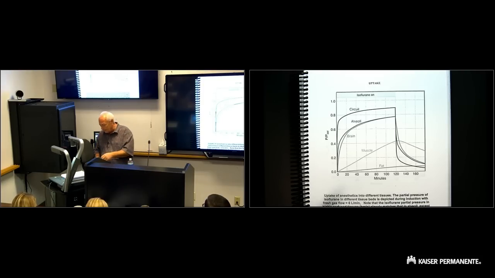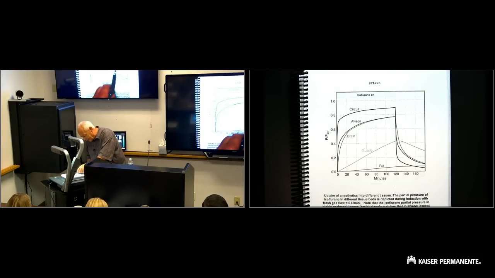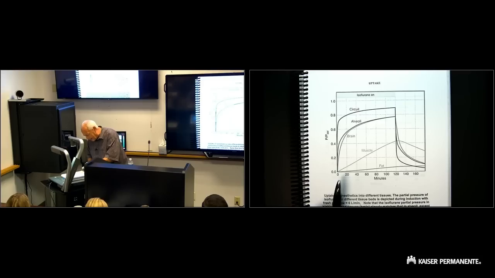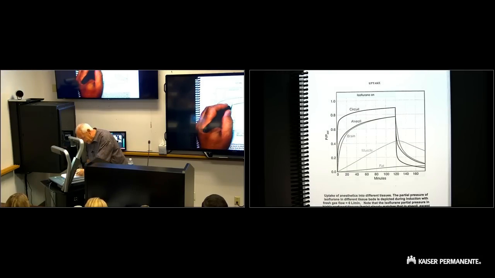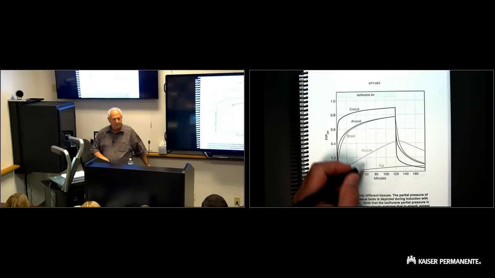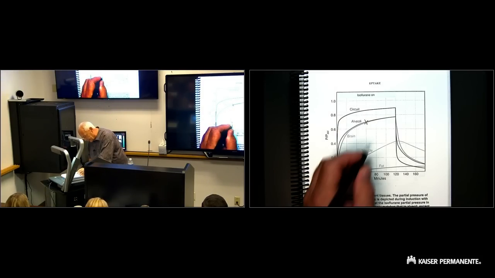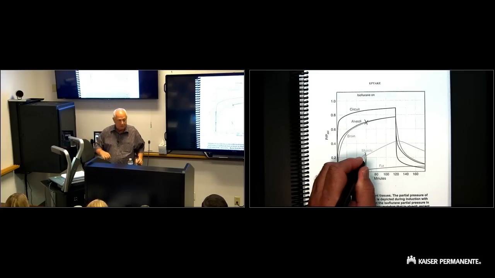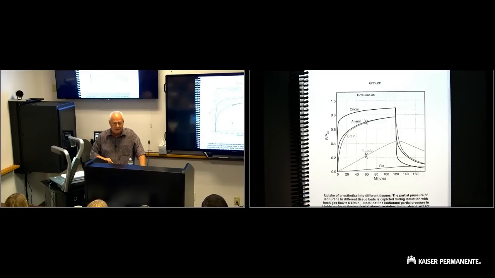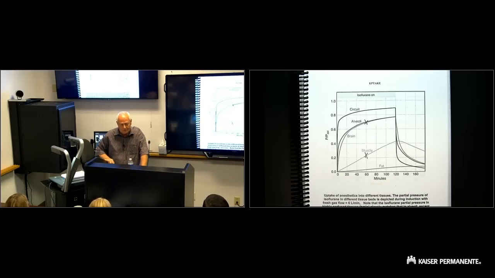All right, how about muscle? Oh, look at that. Let's say an hour into the case, this is how much is in your lungs, this is how much is in your brain, I'll put a little X here, how much is in your muscles? Oh, not very much, right? A lot less. Why? Because the muscles don't get the blood flow.